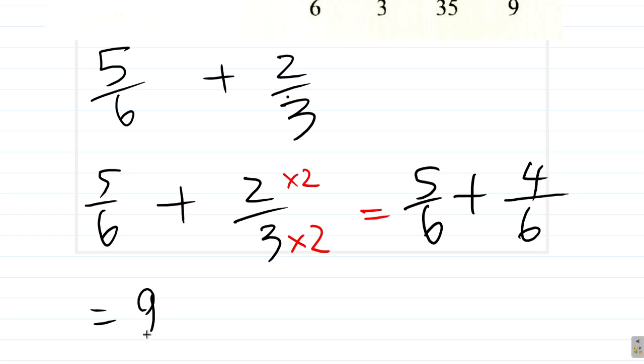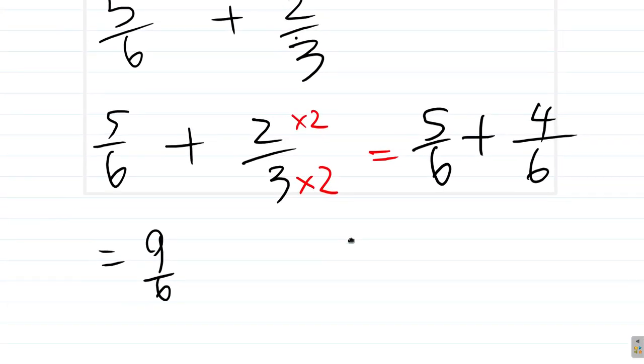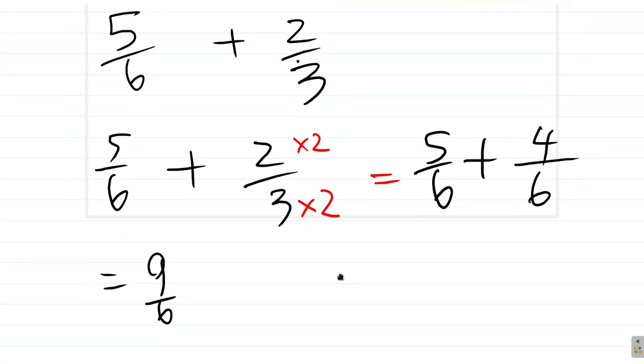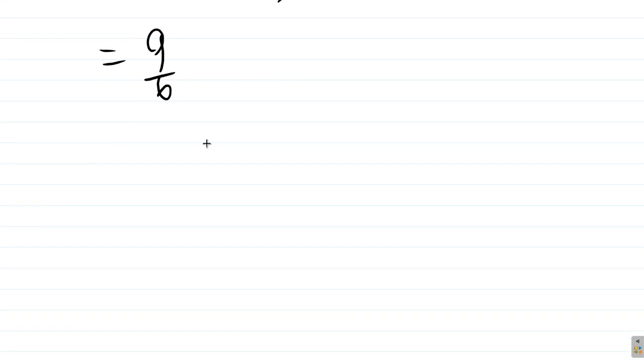So that's 9/6. Alright? You could have done it by drawing a line and find the LCM. Same thing you would get. But that comes from common denominators. Right? Now, if you said 5/6 plus 2/3, draw the line.